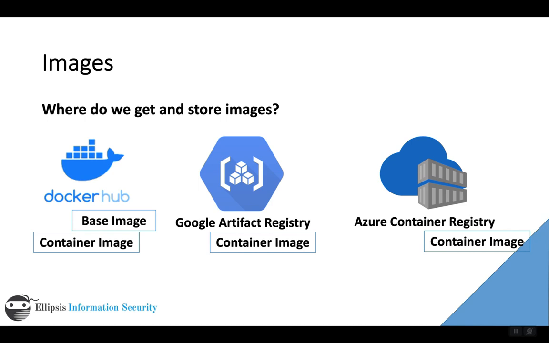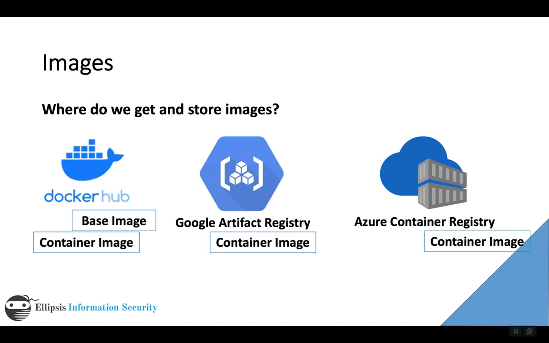And then you can also build your own container images from these base images like we described before, and then store your container image back into your repository in that same registry. So Docker Hub can have both base images and also container images. And really anyone's container image could be someone else's base image, since you could alter the image from that point.